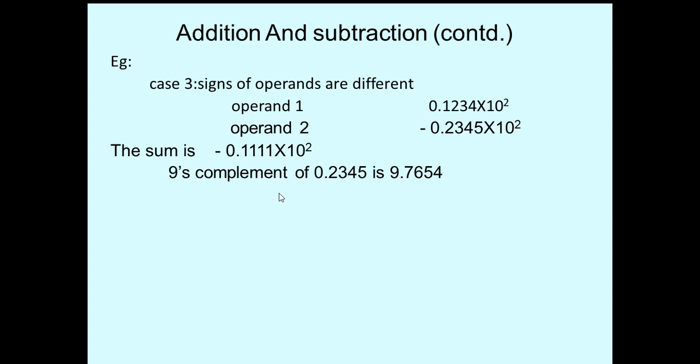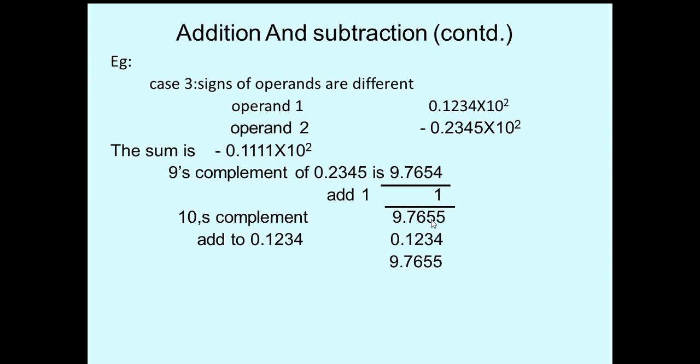So here the nine's complement of 0.2345 is 9.7654 and then we get the ten's complement 9.7655, and add it to 0.1234.